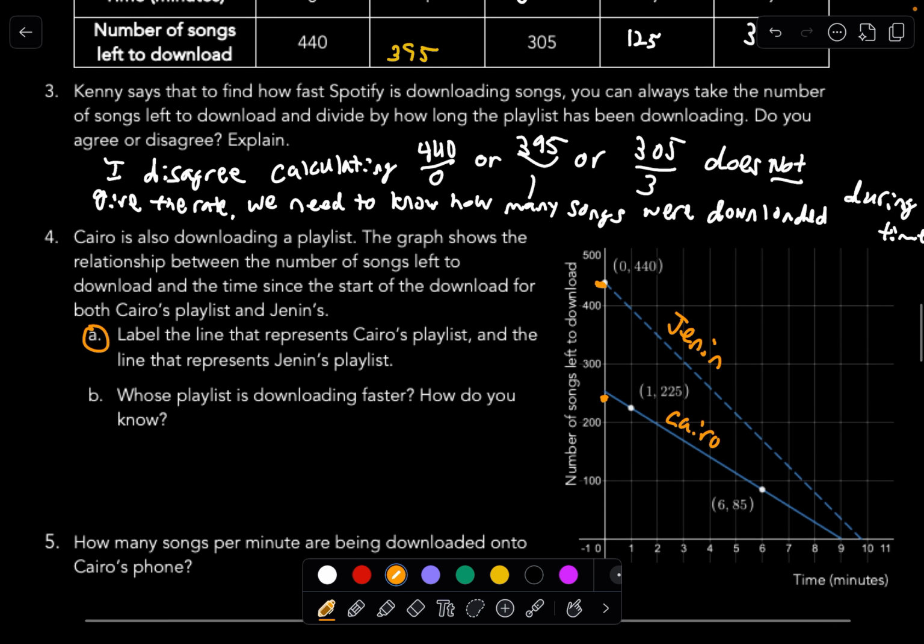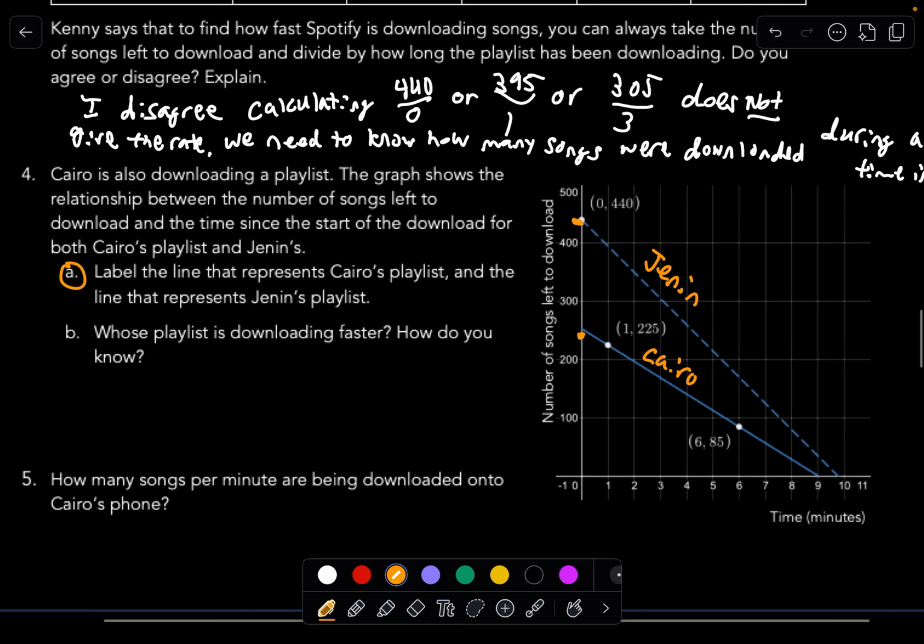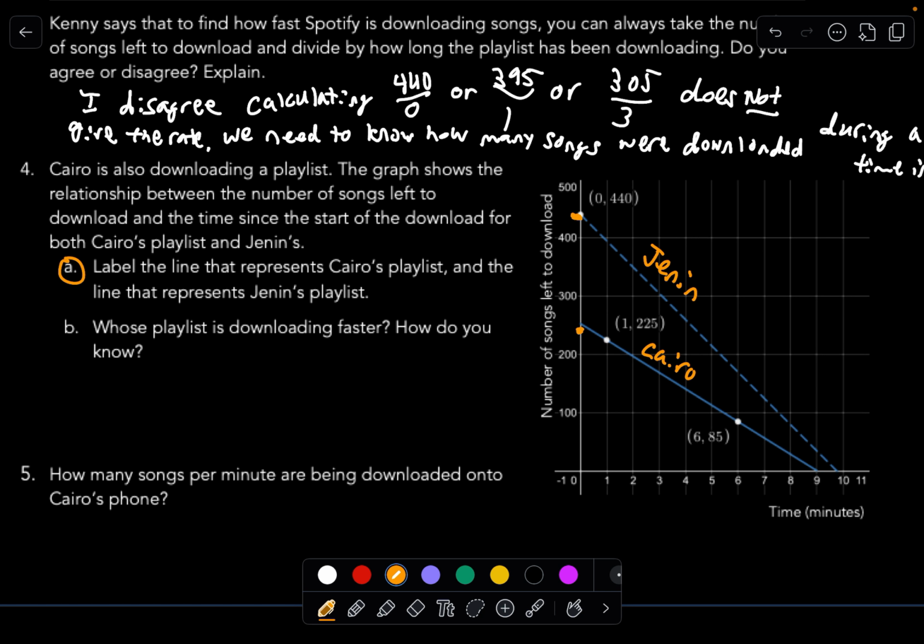Okay, it looks like it's about 250. All right. Which is right there. And this one up here looks to be about 450. It's actually, they tell you it's 440. All right. So do you notice that they both finish close to each other?